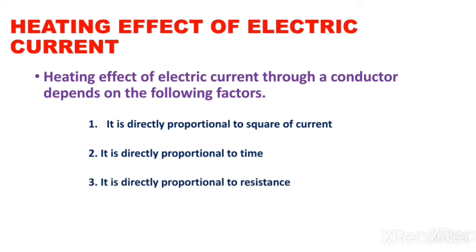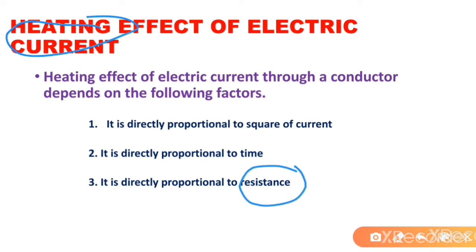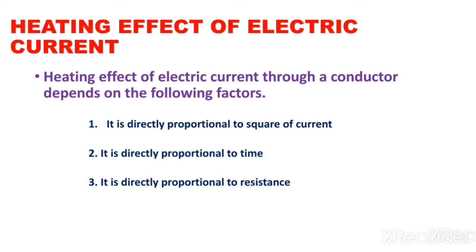So the third factor is that it is directly proportional to the resistance. Heating effect is directly proportional to the resistance. Why? Because as we already studied in the factors of resistance, resistance is directly proportional to temperature. As the temperature increases, resistance increases.